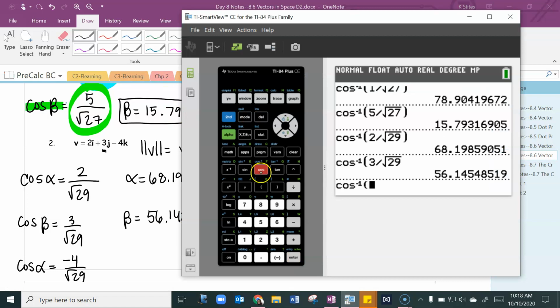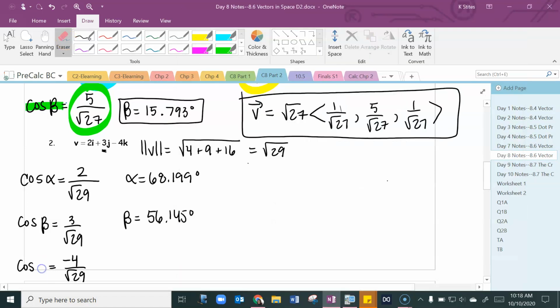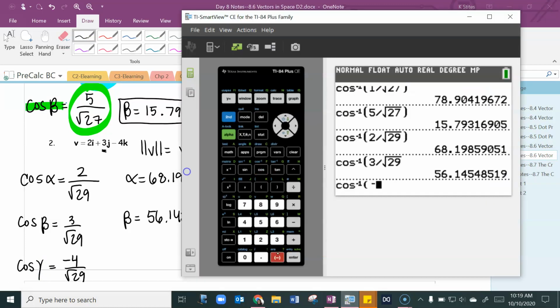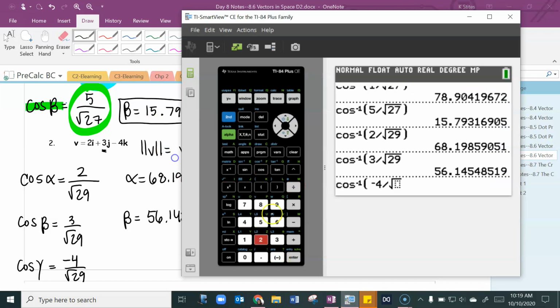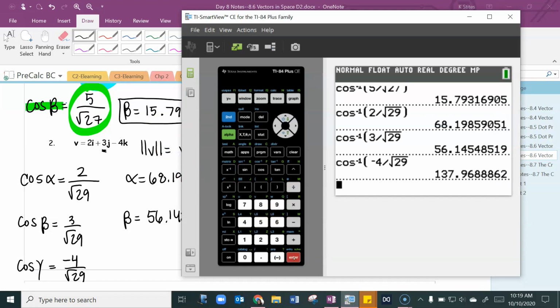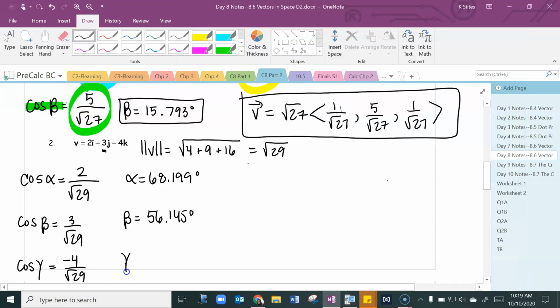And for gamma, negative 4 over root 29, 137.969 degrees. And there are your three directional angles.